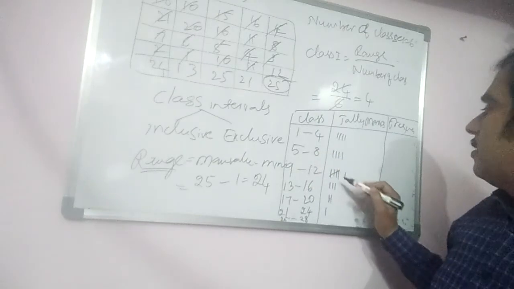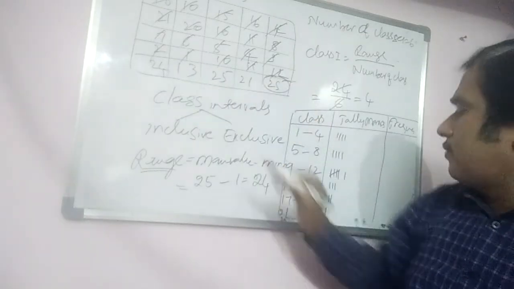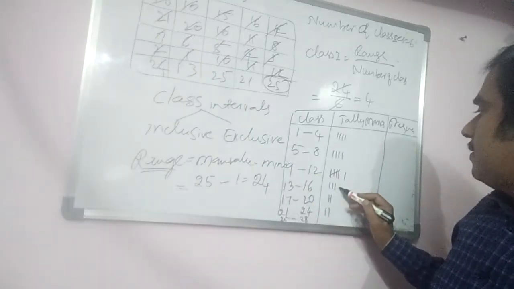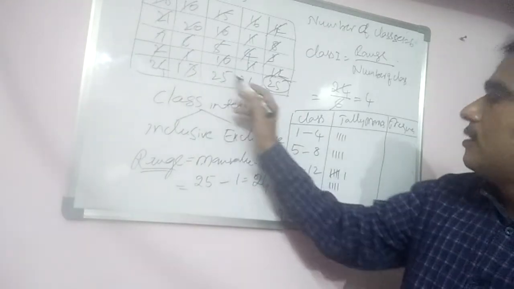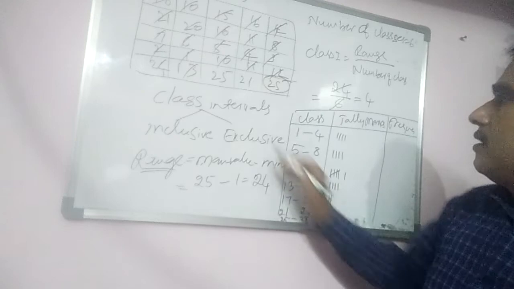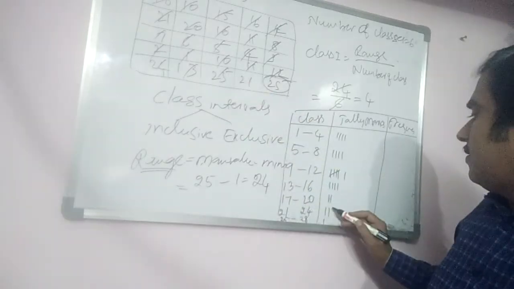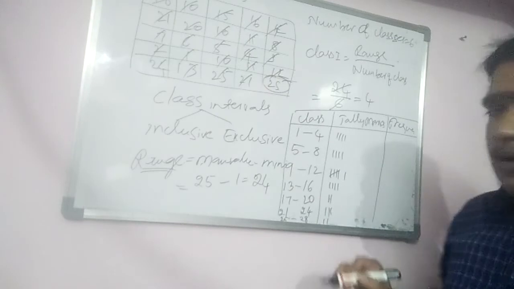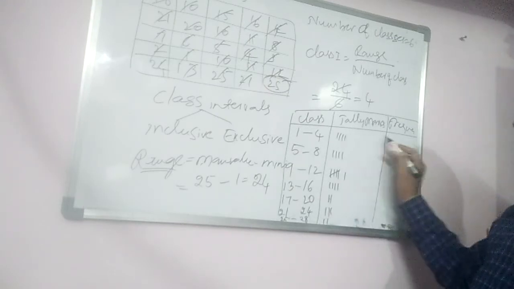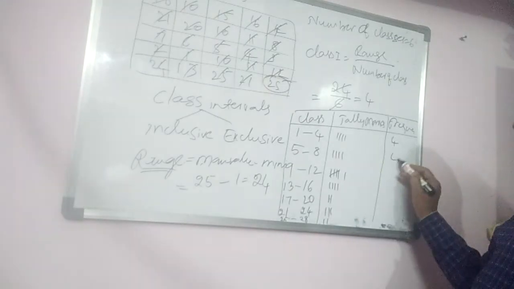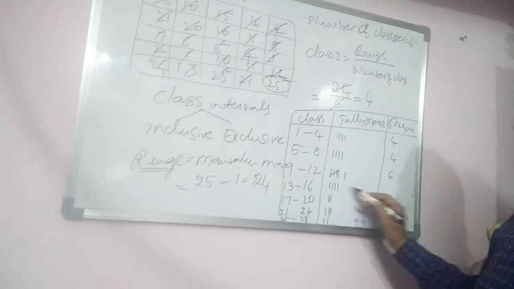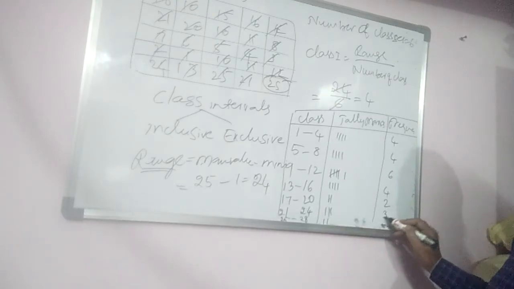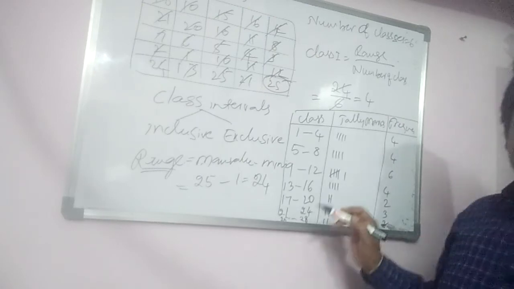12, 24, 13, 25, 21, 25. So we write here how many? 4, 6, 4, 2, 3, 2.